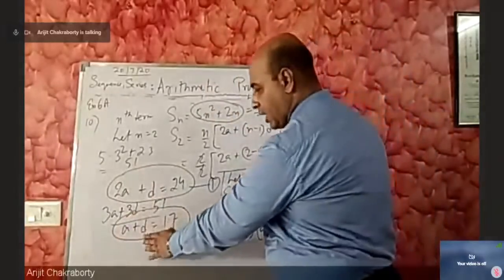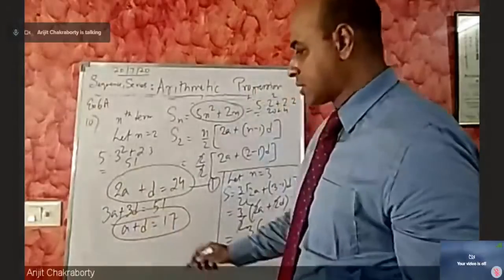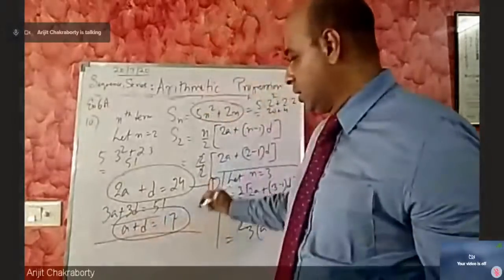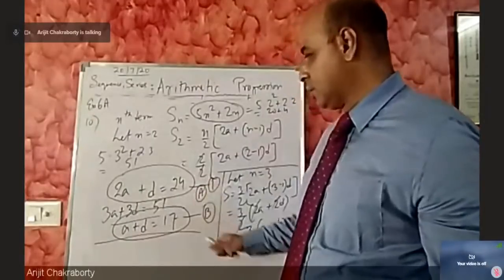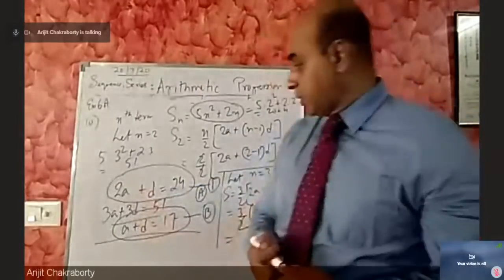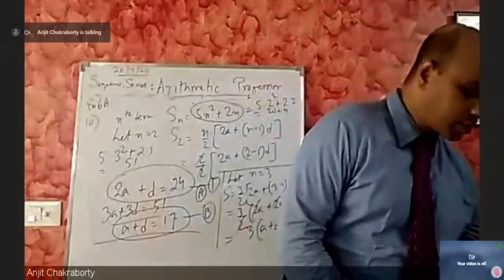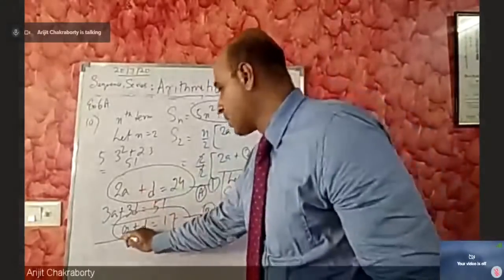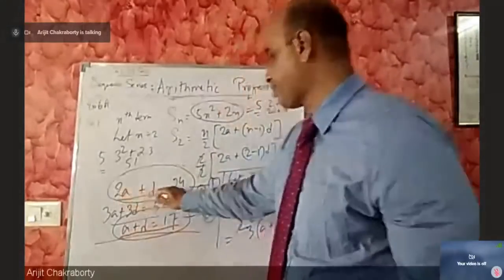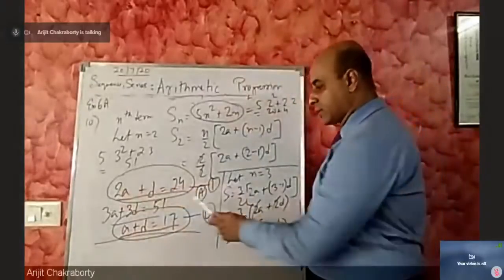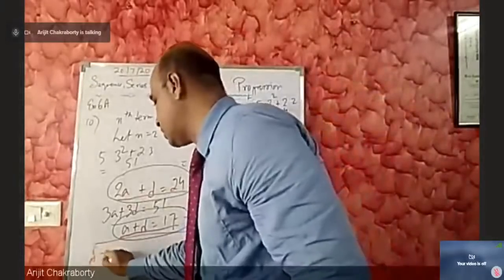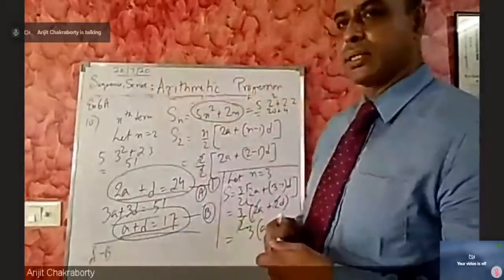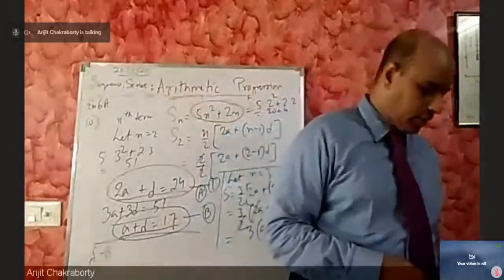So if you deduct them, if you deduct this one, b, from a, equation a is 2a plus d is 24 and equation b is a plus d equal to 17. So if you deduct b from a, that means what am I doing? I am doing a minus b. Okay, what do you get? Just find out. What do you get?